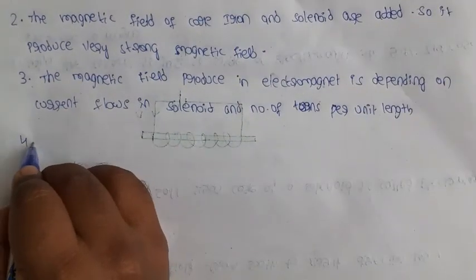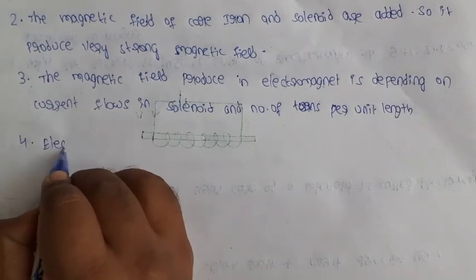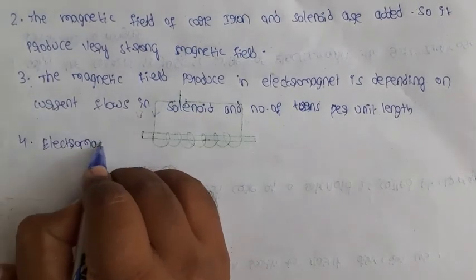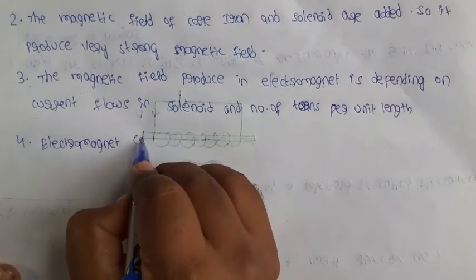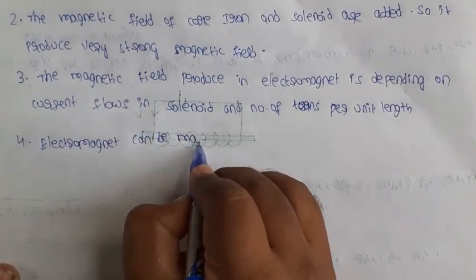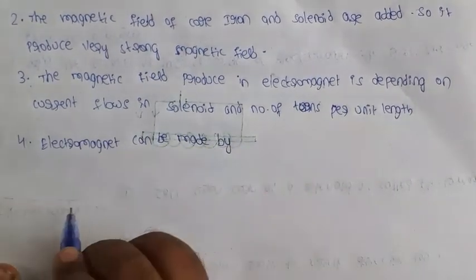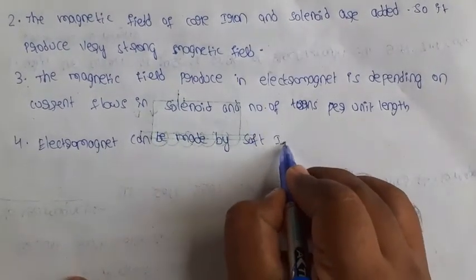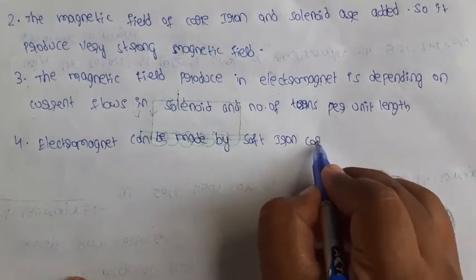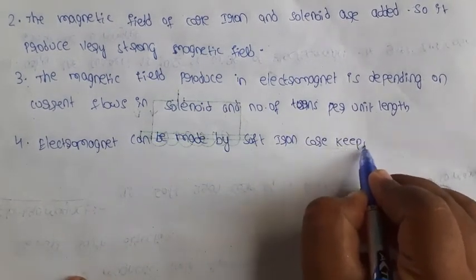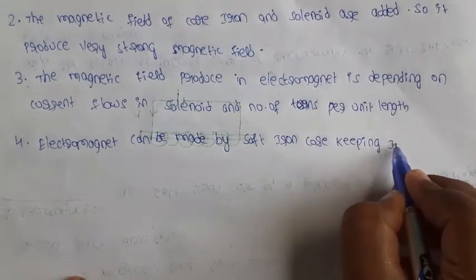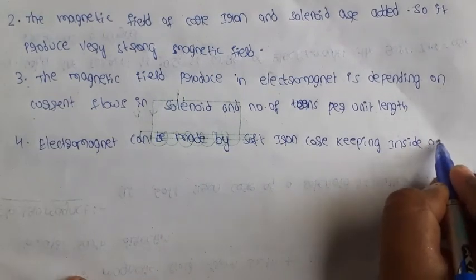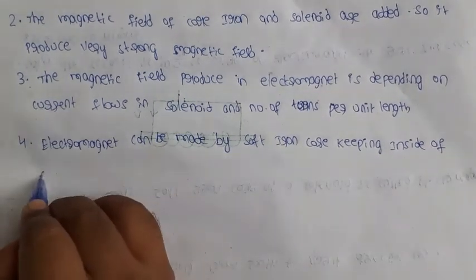Next point, electromagnet can be made by keeping a soft iron core inside of a solenoid.